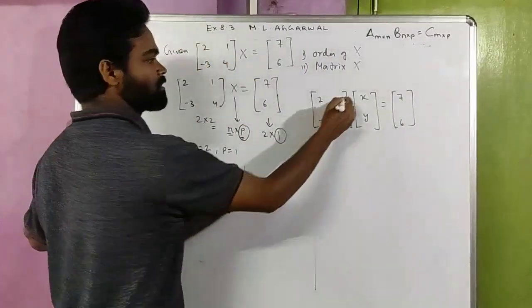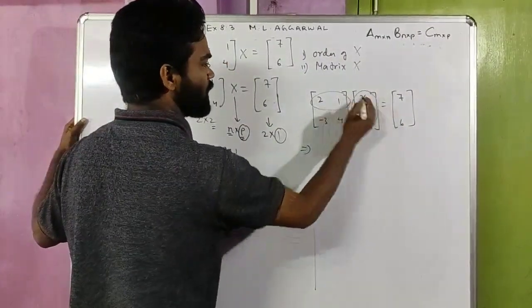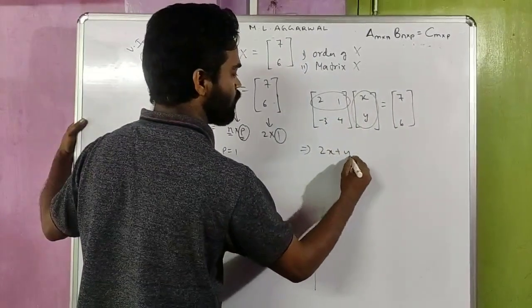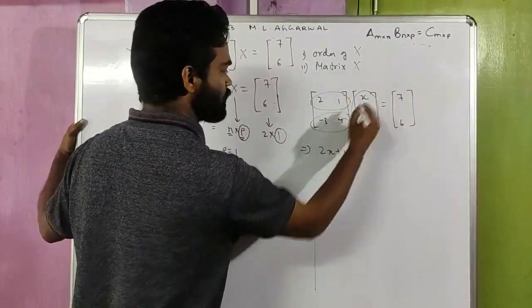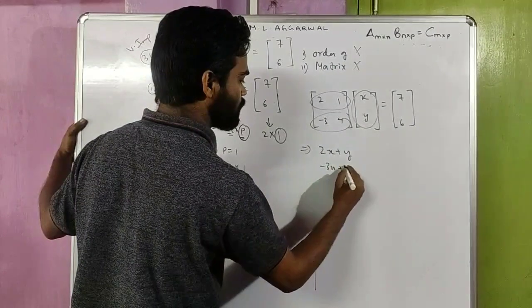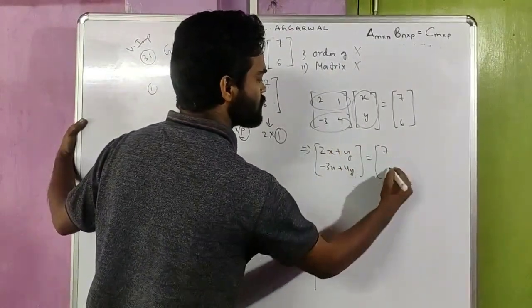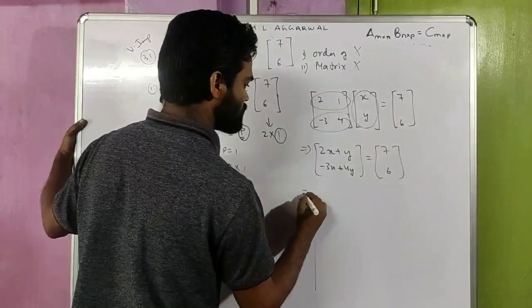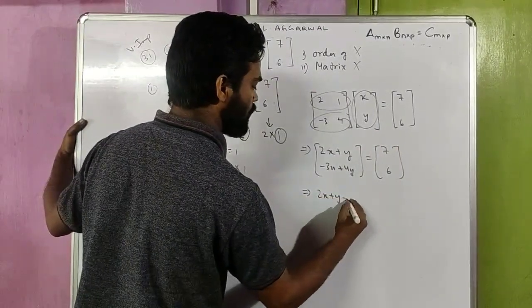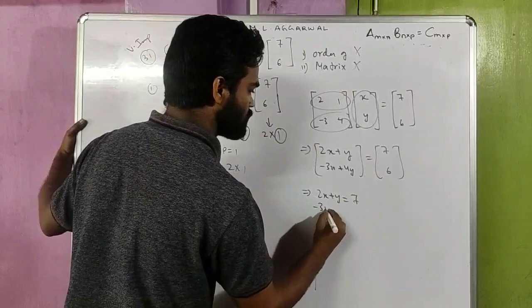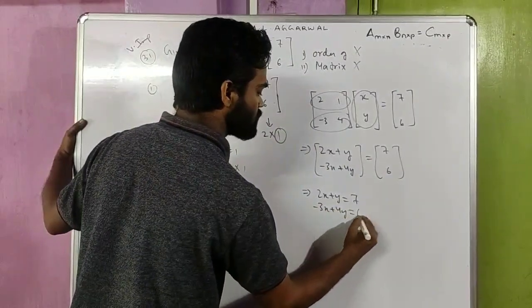Now we know how to solve this. First row, first column, so that's 2x plus y. Second row, second column, that's minus 3x plus 4y, and that is equal to 7 6. So we can say that 2x plus y equals 7 and minus 3x plus 4y equals 6.